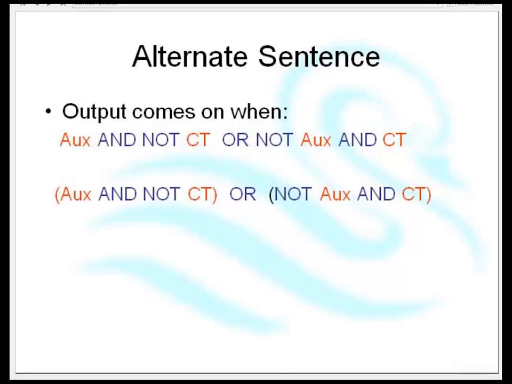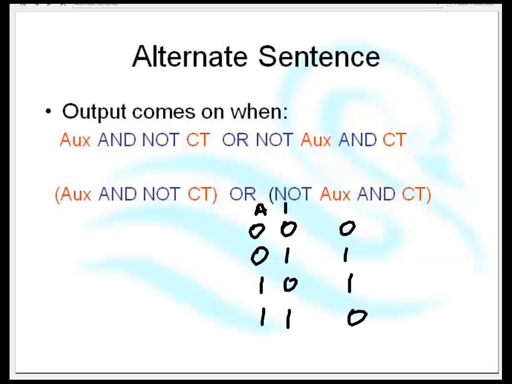There is another sentence that describes when this pattern comes on. Let me just refresh your minds with what the pattern looked like. It looked like this: 0, 1, 1, 1, 0, 1, and 1, 1, 0. Where that's A, that's B, and that's the output over this side.